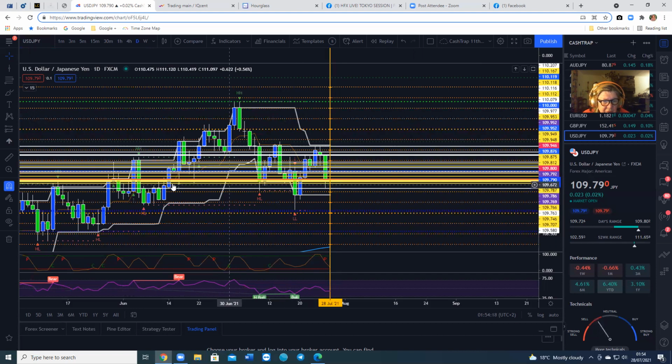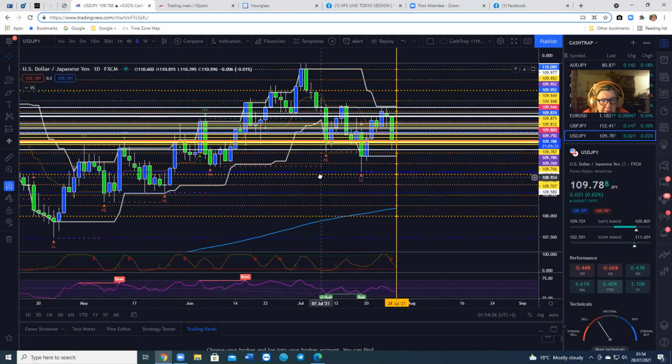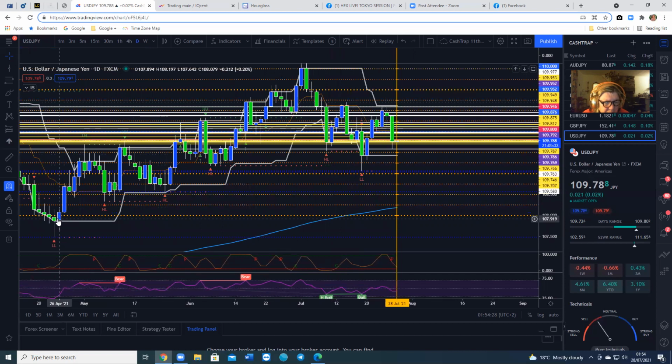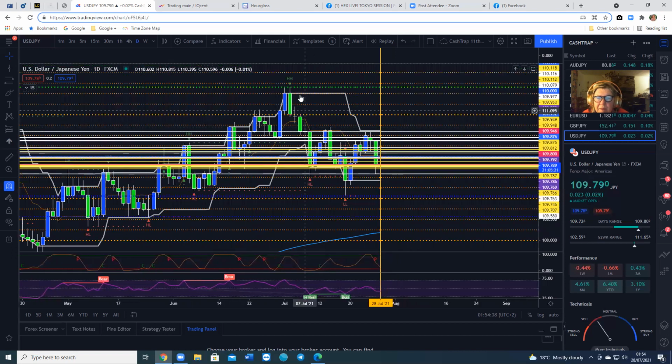It's hit that level a lot back there as a line of resistance. It started its upward trend in April, and it's just topped out up there. That's on its way back down from that high of 110.079.